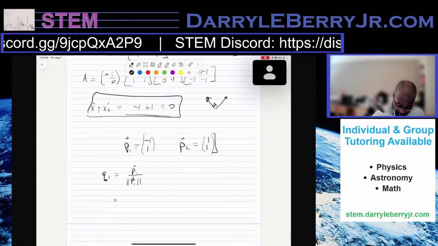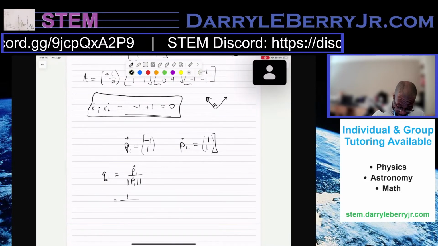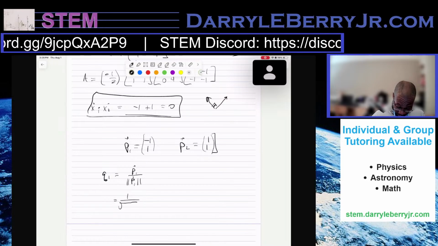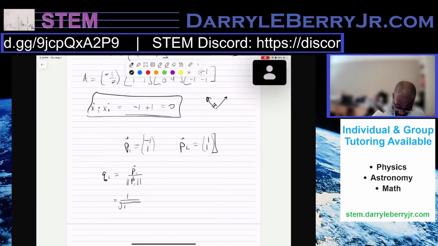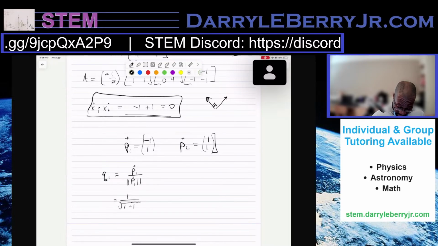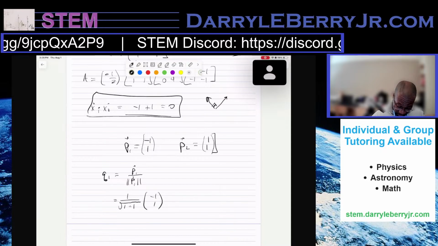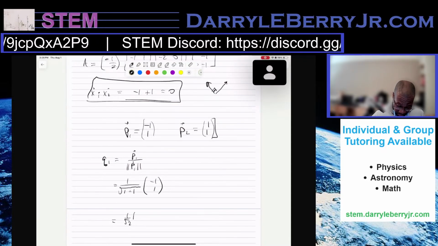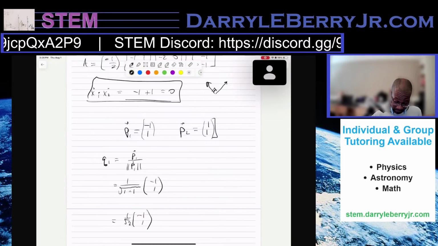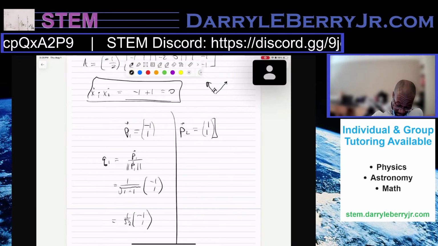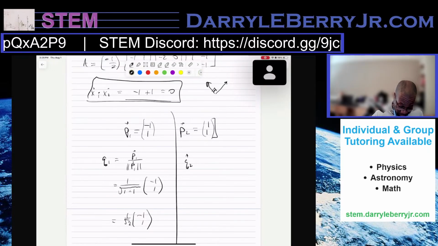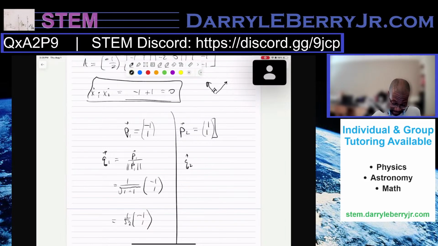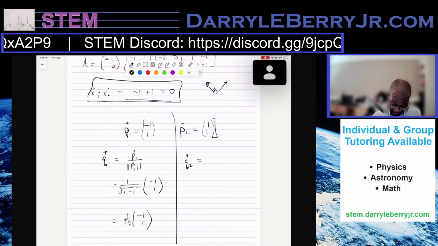If I want Q1, that's going to be P1 over the magnitude of P1. So that's 1 over the square root of 1 squared plus 1 squared, times negative 1, 1. So that's 1 over square root of 2, times negative 1, 1. By the same token, Q2, which we'll call the orthonormal basis, is orthogonal but also has a length of 1.